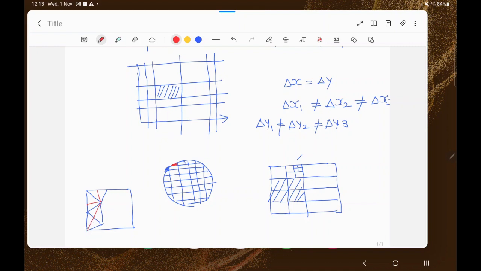I can just double it. So I don't have to go 4 times. I can simply double it. That is the freedom. And also sometimes if I have to join it, suppose this is the cell, right? What I can do, I can delete this. It will become one cell. Right? So this is called grid adaptation.